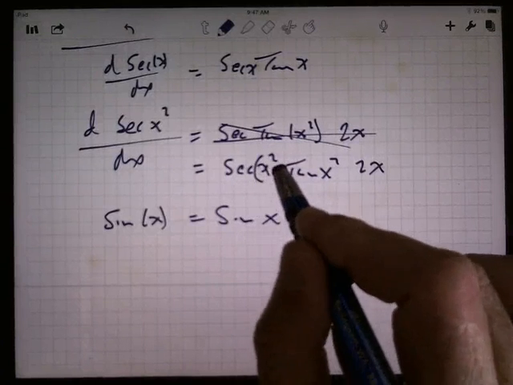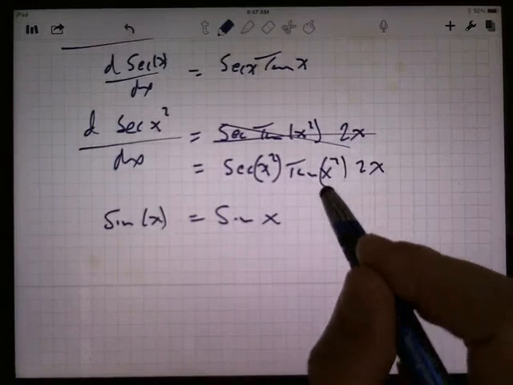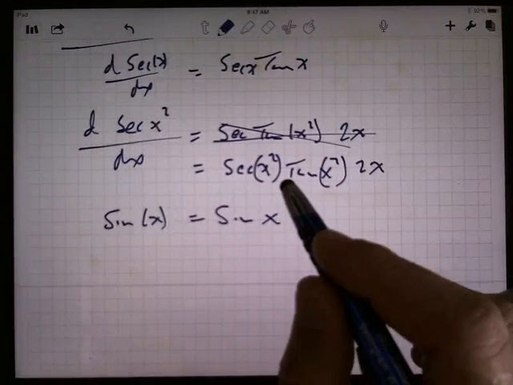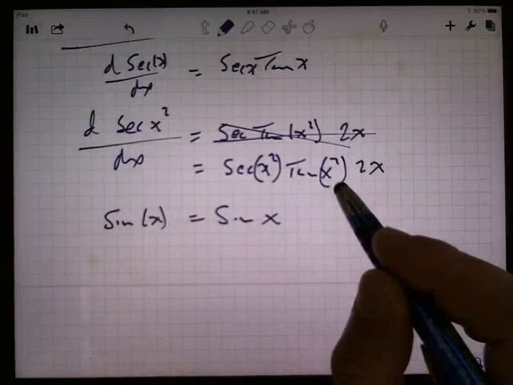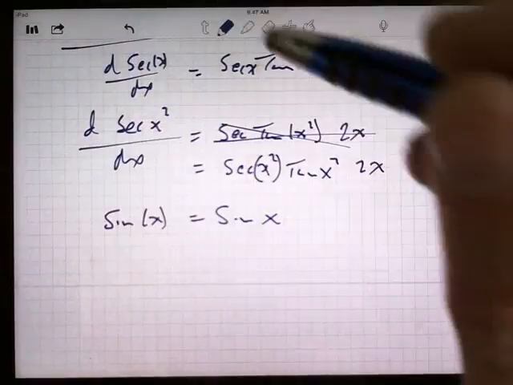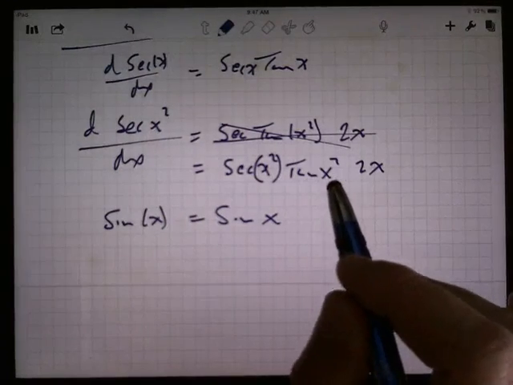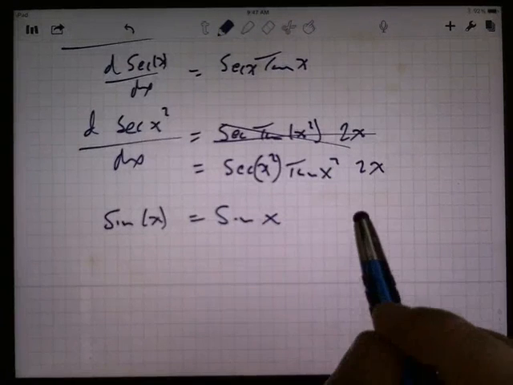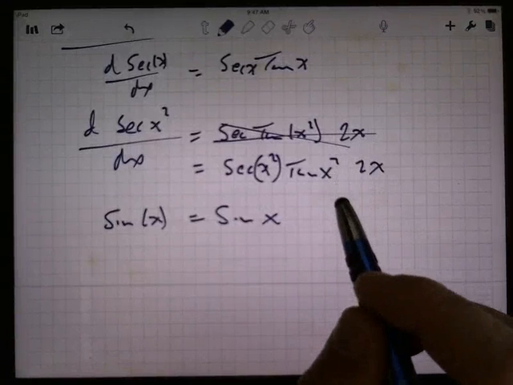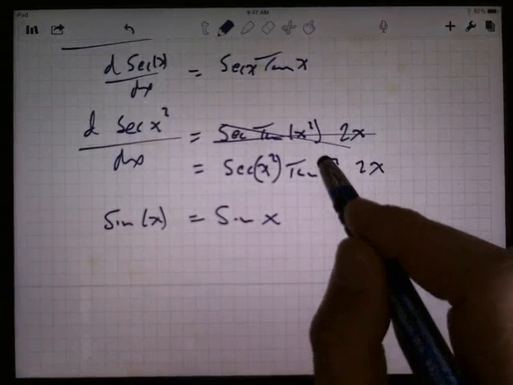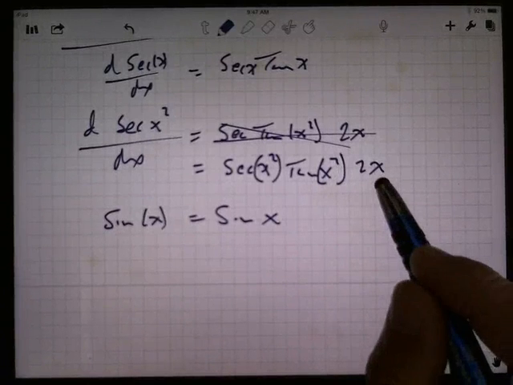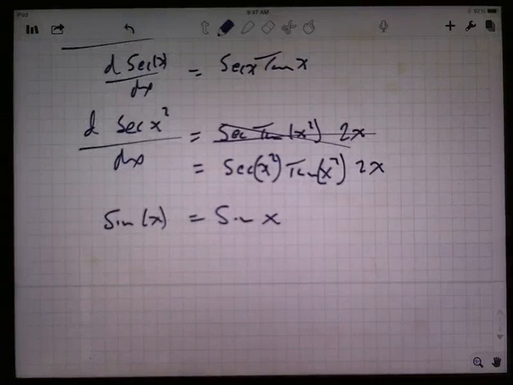I should have secant of x squared, tangent of x squared. And that becomes an issue too, because without those parentheses in there, I see people look at this and say tangent x squared times 2x, and they say, oh, well, that's tangent of 2x cubed, right? That they combine these two together. It's like, whoa, whoa, whoa, wait a minute. The x squared is inside the tangent, the 2x is outside the tangent. They will never combine, okay?